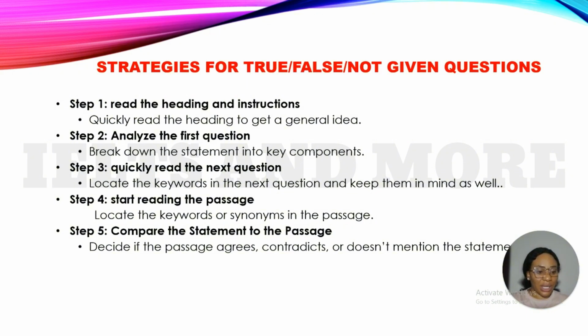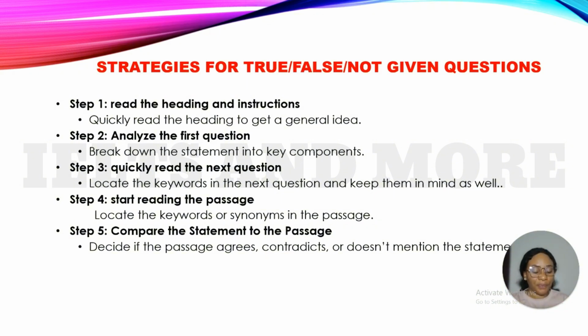You have to cross-check, okay, just to be safe. You have the keywords for number 1 in mind, you're reading, and you now see an area where you believe that is where number 1 was gotten from. So you think it's true, just read it well, go back to the question and read it again.